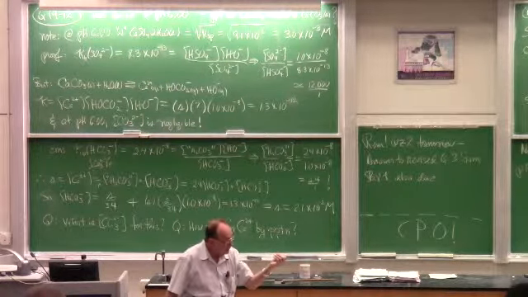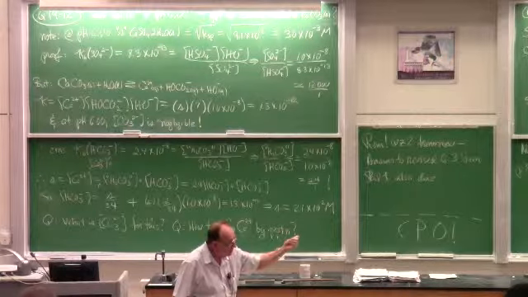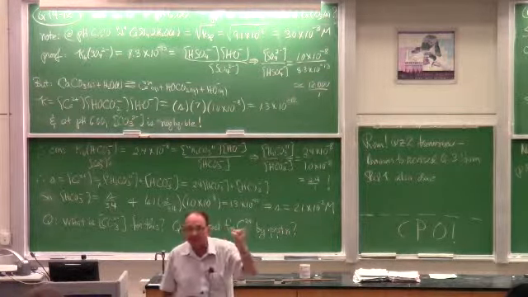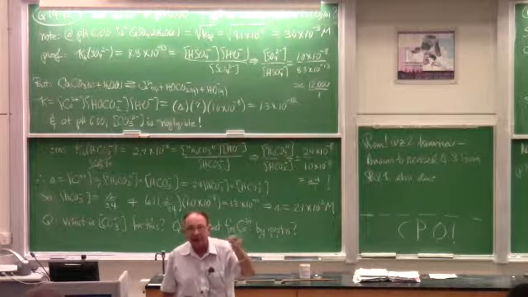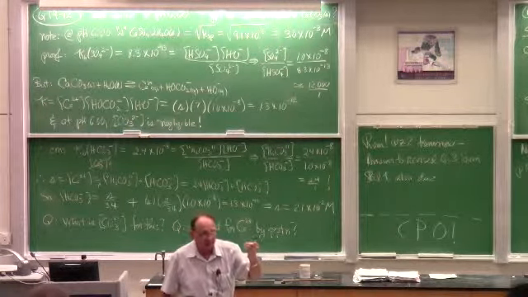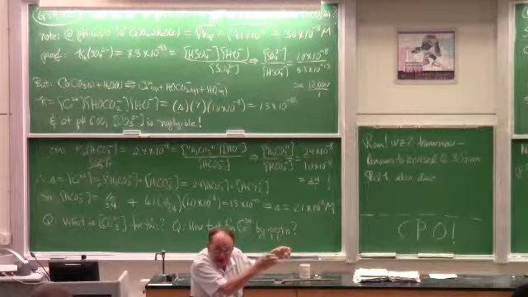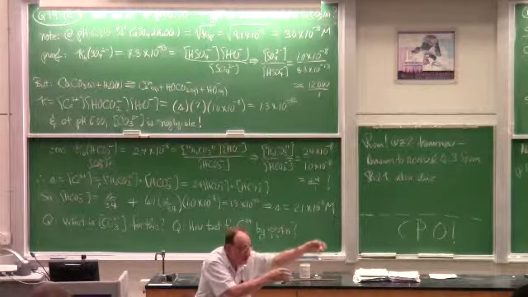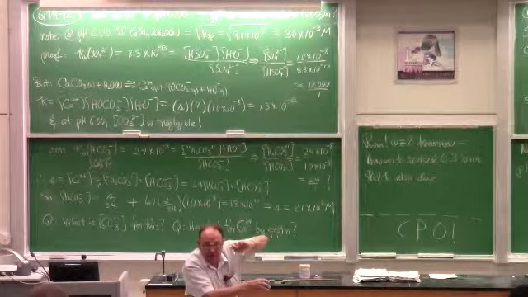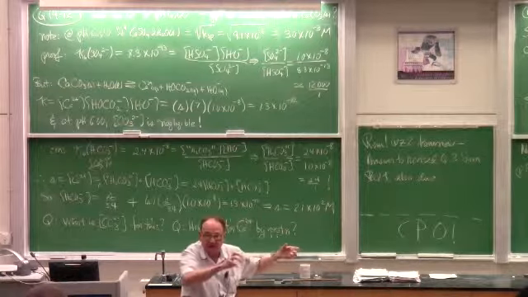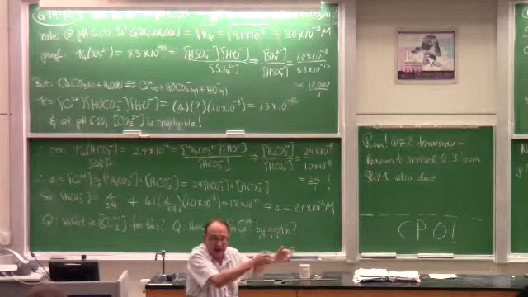Before you sit half molar sodium sulfate solution and half molar sodium carbonate solution, because those are the respective sulfate and carbonate solutions you have available for use in the laboratory. Which one are you going to grab? You're going to grab the sodium sulfate solution and put in the sulfate ion? Or are you going to grab the carbonate solution and put in the carbonate ion? Which one are you going to grab?